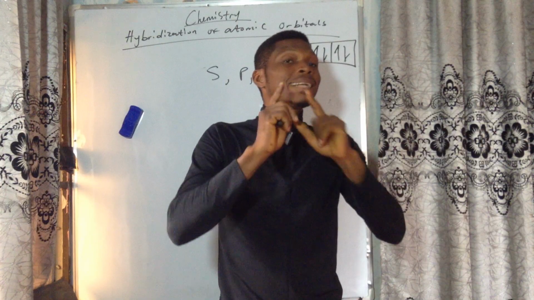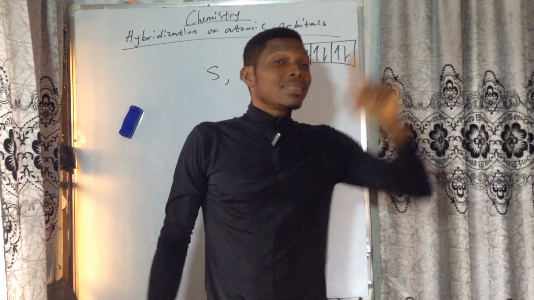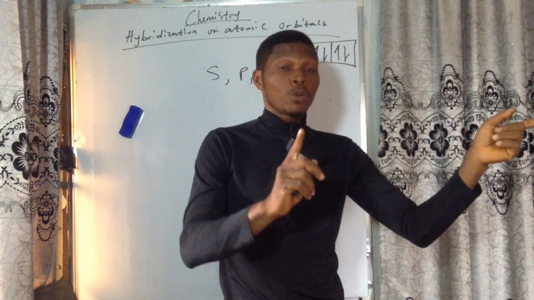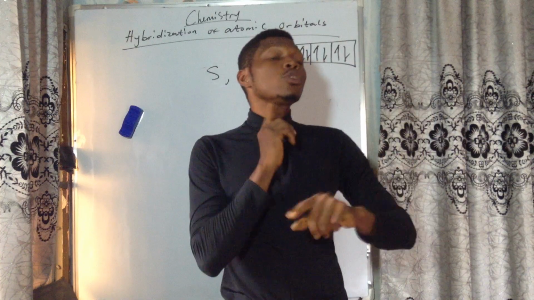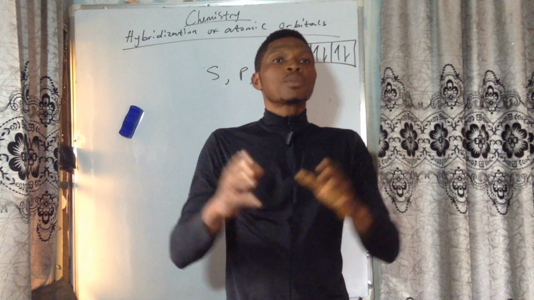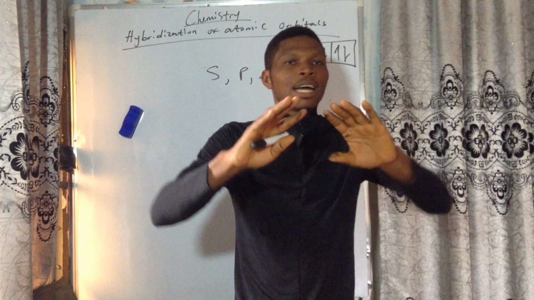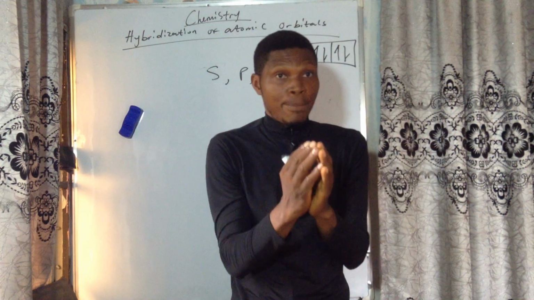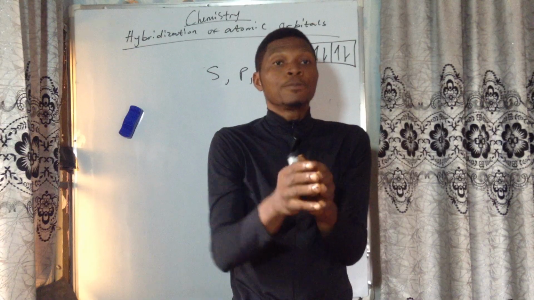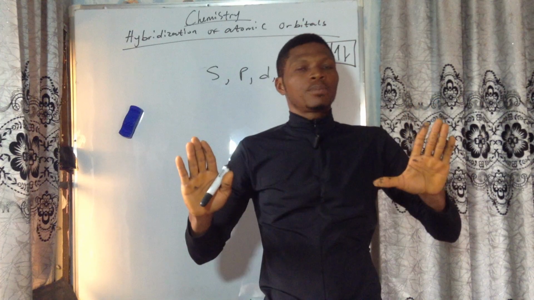At the same time, the nucleus of one atom, which is positively charged, will be attracting the valence electrons of the other atom, and the nucleus of the other atom will also be attracting the valence electrons of the first. When they come close enough that their valence orbitals overlap, the energy of the two atoms will decrease.